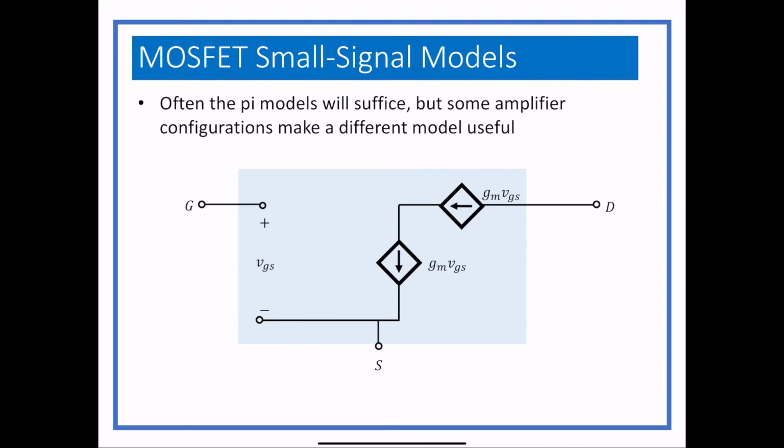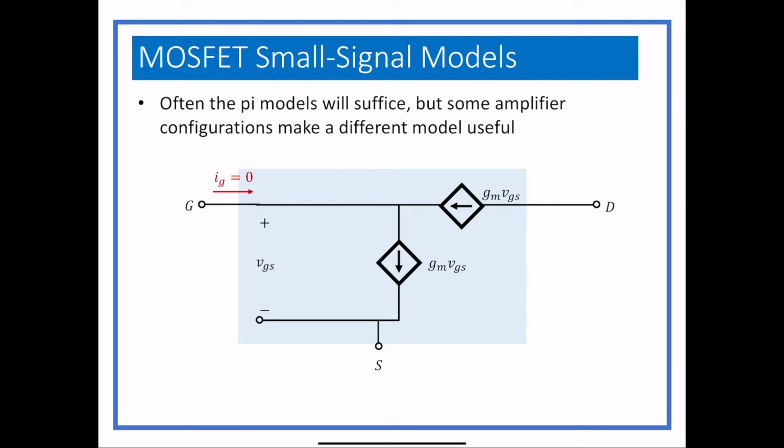So if we put a second current source there, it doesn't matter because they're going to be the same. And since we know that there is no current going into the gate, we can actually run that gate connection all the way over, because it's not going to change the circuit because there's no current coming in. So we still have GM-VGS and GM-VGS going across and down without changing.